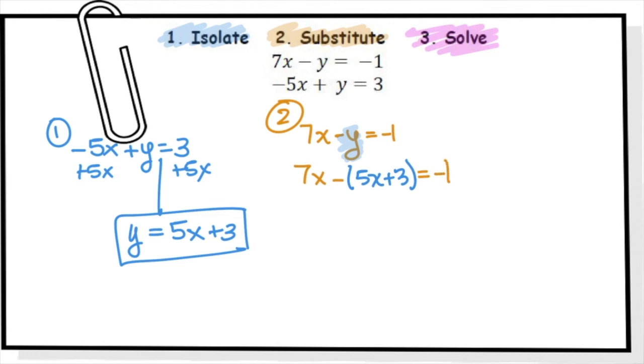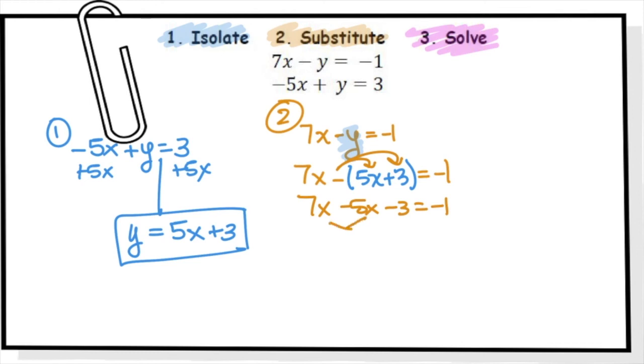Okay, now we're ready to start following my equation. So here, don't forget this is a negative 1 that multiplies everywhere, okay? So negative 1 times 5x, negative 5x. Negative 1 times 3, negative 3. And don't forget to drop your 7x that was there from the beginning, equals negative 1.